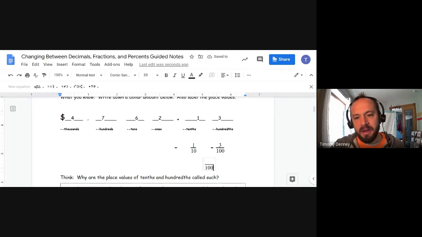Then you put all the digits to the right of the decimal place as your top number, your numerator. In other words, I'm adding these together under one fraction, 13 100ths. That makes sense because we're thinking in terms of pennies. We could say we have 1 dime and 3 pennies, or we could say we have 13 pennies. So I just want to show you a way to write that both ways.